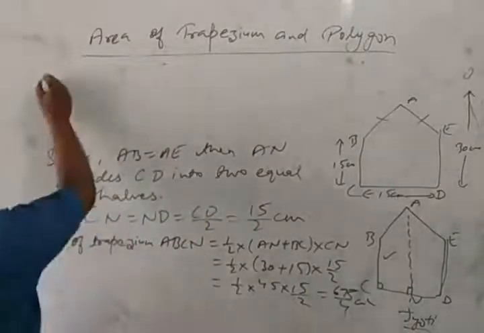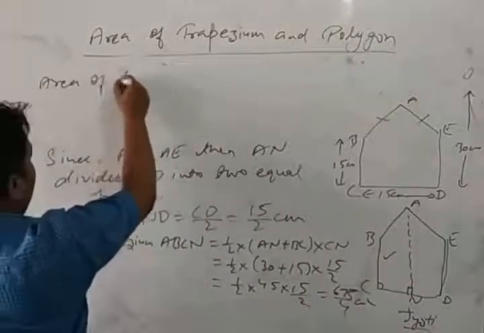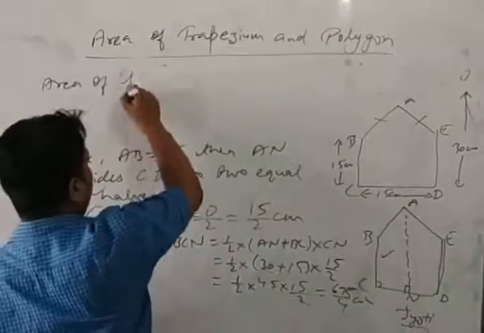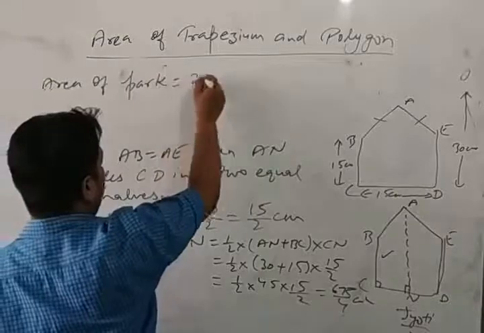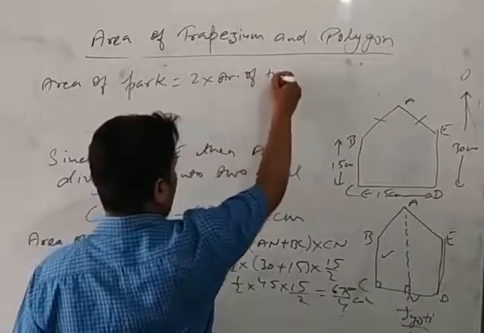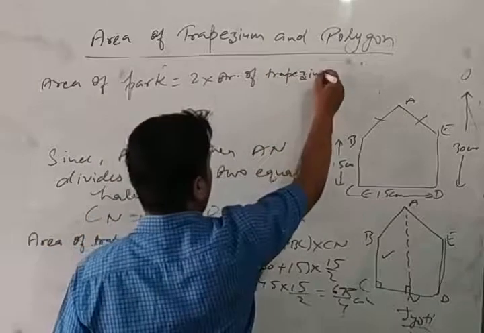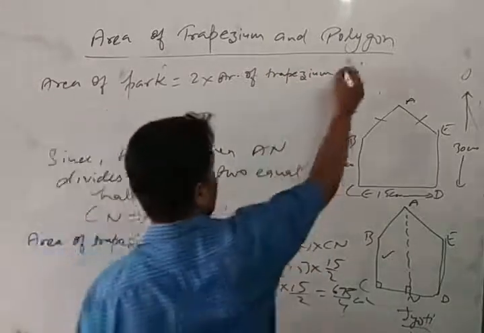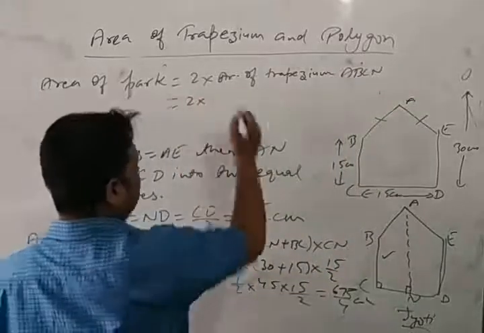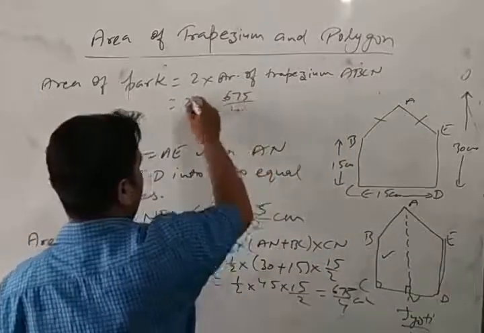So area of the part will be 2 into area of trapezium ABCN. So 2 into 675 by 4.